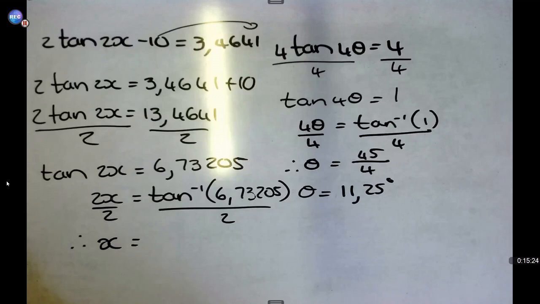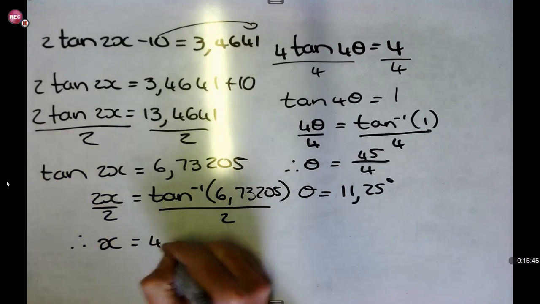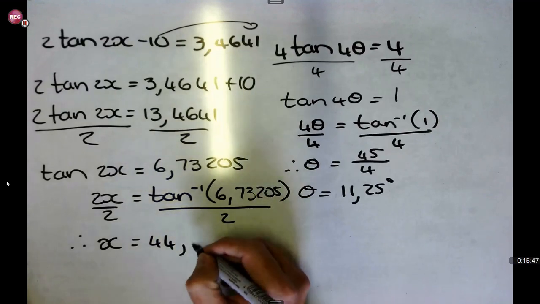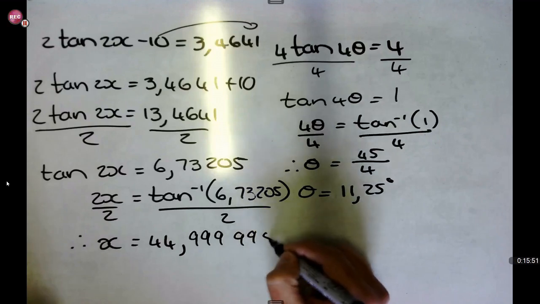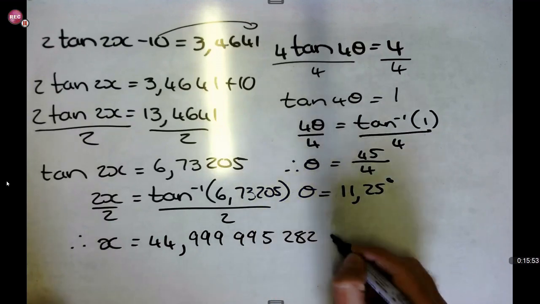Let me see, shift tan, 6,73205, okay. And we divide that by 2, which will then give me 44,999,995,2829.